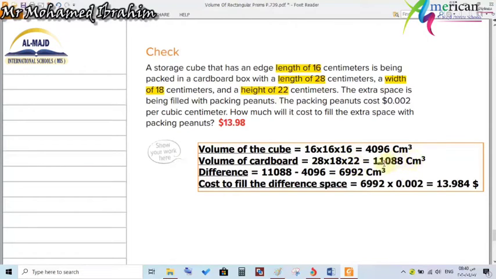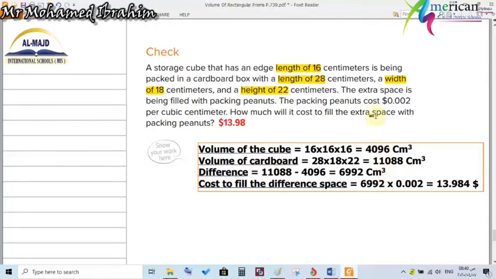So the answer is 11,088 cubic centimeters. The difference, which is the empty space, equals, excellent, cardboard volume minus the cube volume, equals 6,992 cubic centimeters.